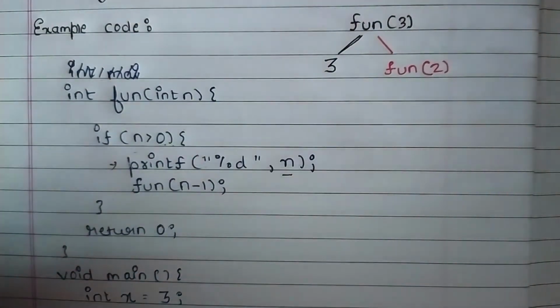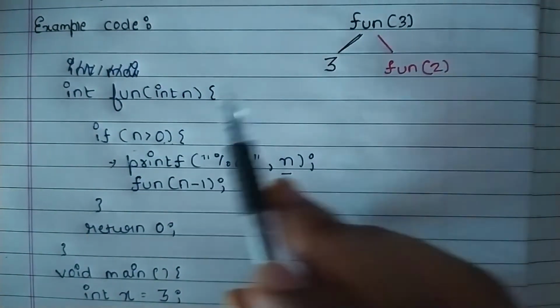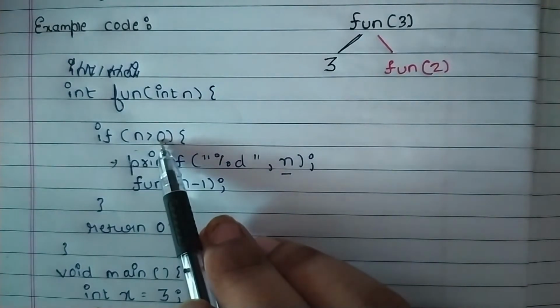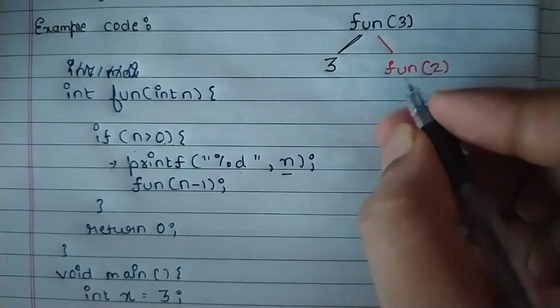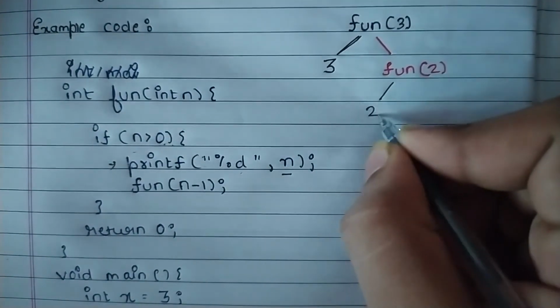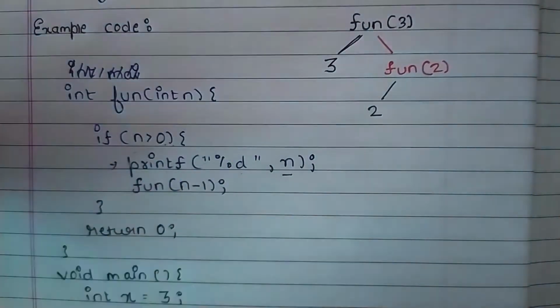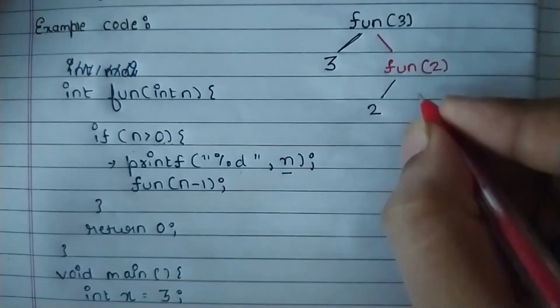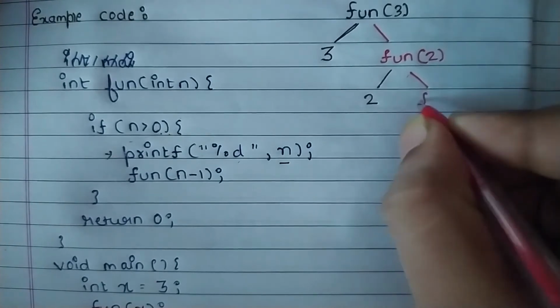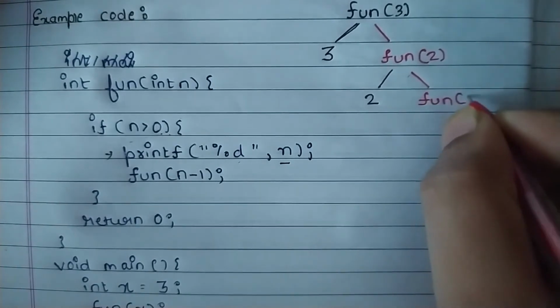Now again, similarly 2 is greater than 0, the condition is true, it goes inside, it will print 2, and again it will call itself with 1.